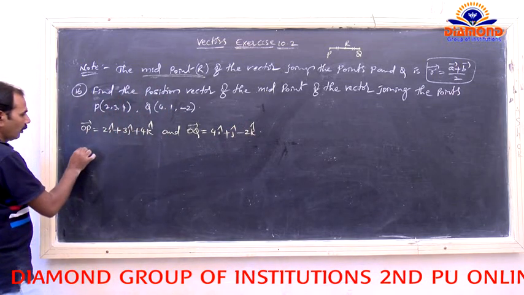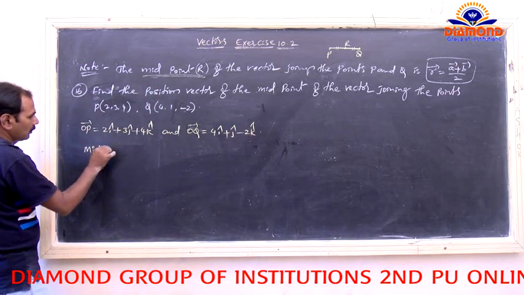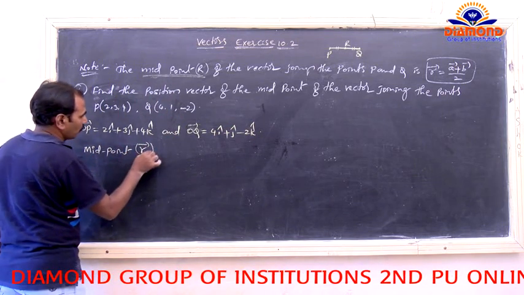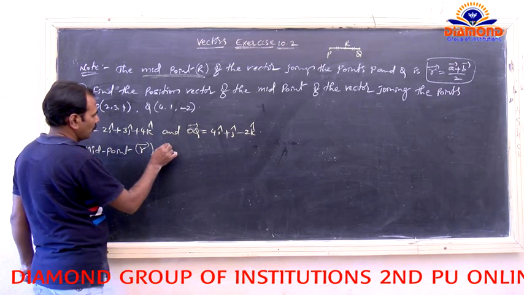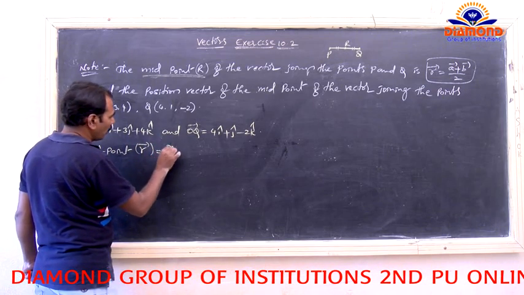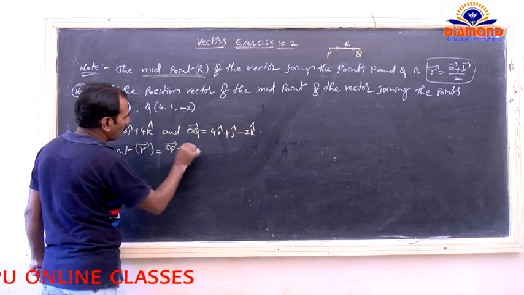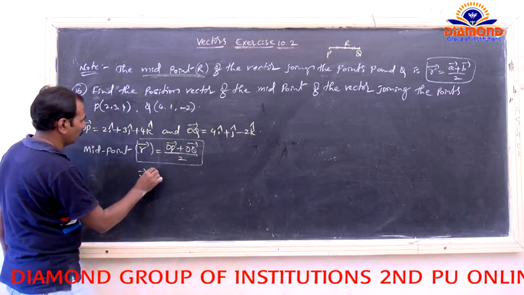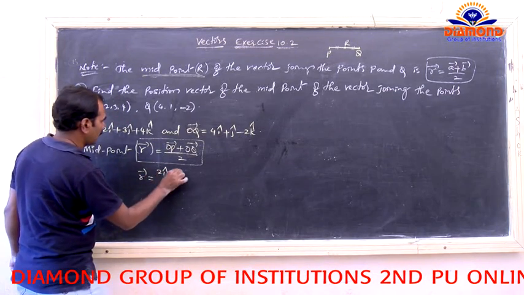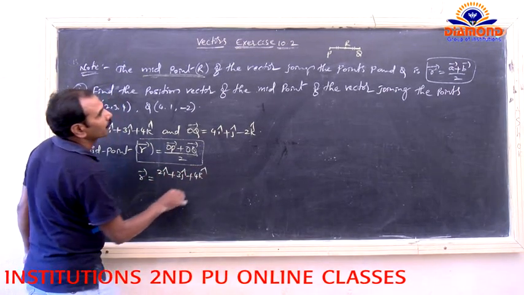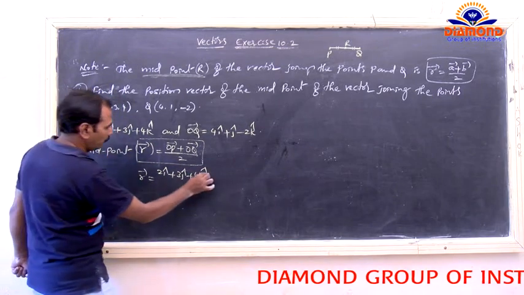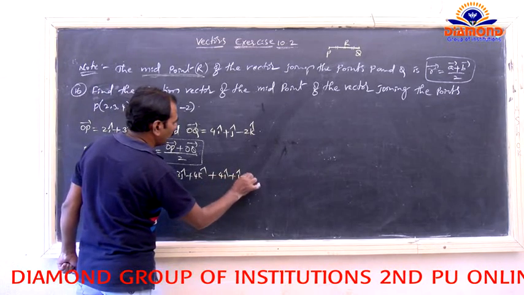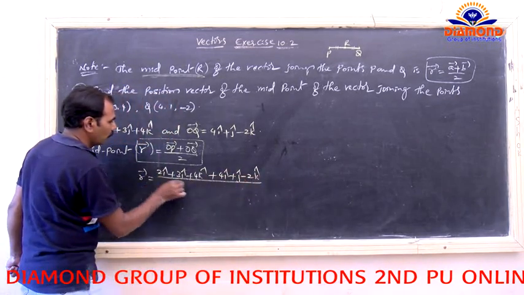So midpoint R bar equal to A bar, that means OP bar plus OQ bar divided by 2. This is the formula. So R bar equal to 2i cap plus 3j cap plus 4k cap plus 4i cap plus j cap minus 2k cap divided by 2.